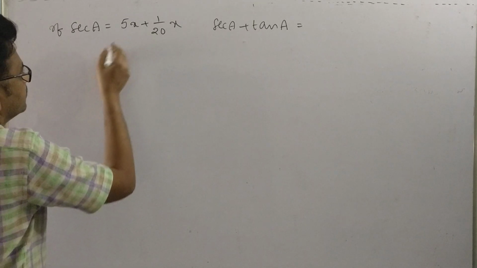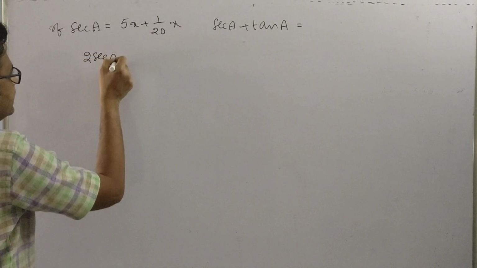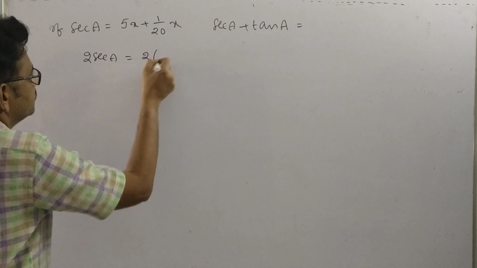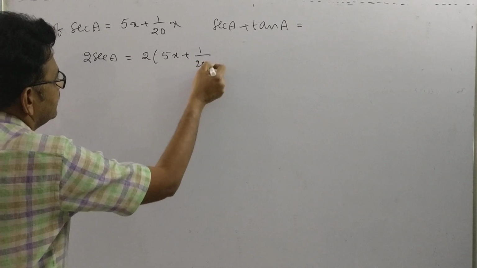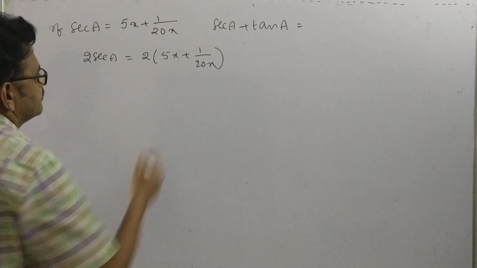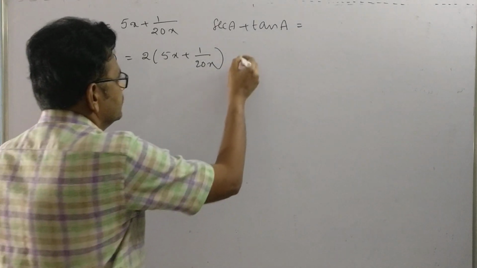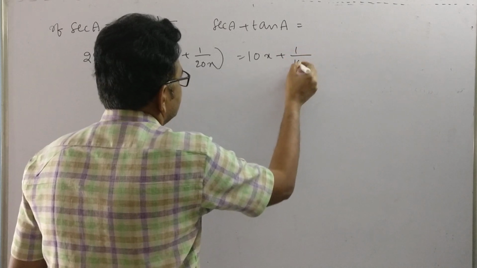Secant A is equal to, now multiplying both sides by 2, 2 secant A is equal to 2 into 5x plus 1 by 20x, that is equal to 10x plus 1 by 10x.